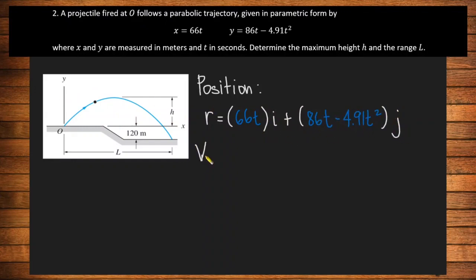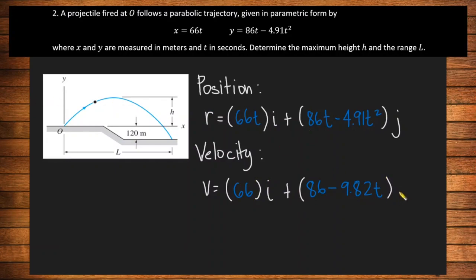Okay, so for the velocity vector, alam niyo na kung anong gagawin. Okay, so diretsoy na lang natin. Our velocity vector v, that will be equal to 66i plus 86 minus 9.82 t j. Again, we just took the first derivative of our position vector with respect to time.